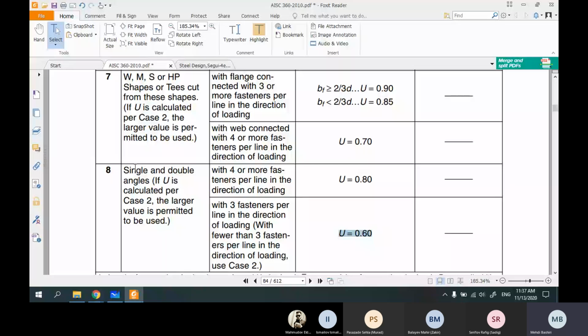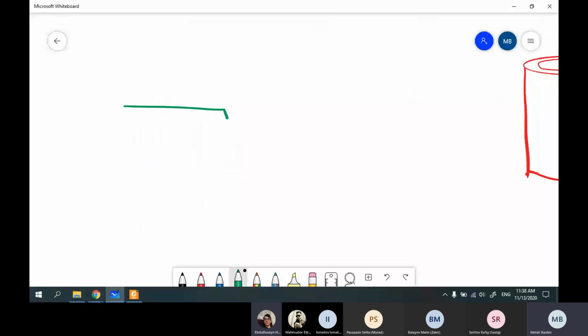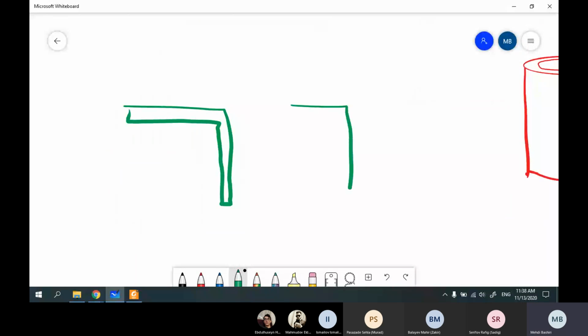Okay, for single and double angle. So this is single angle, and this one is double angle. Single angle, double angle.